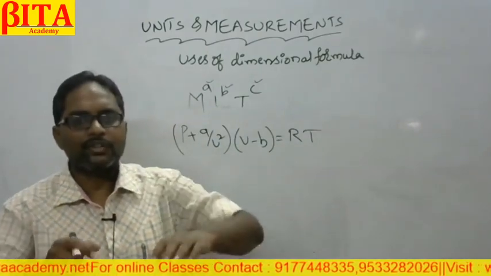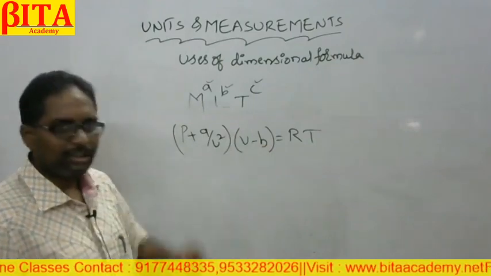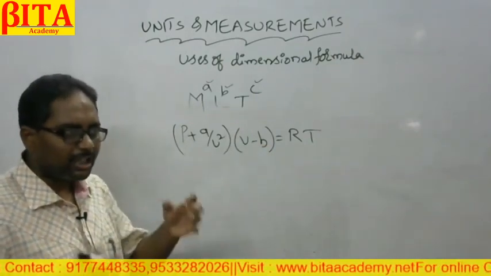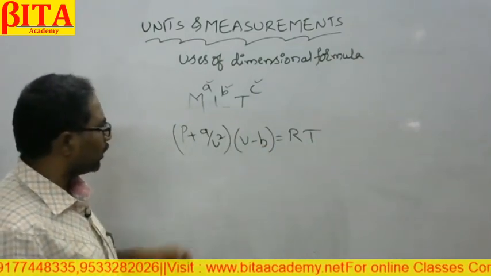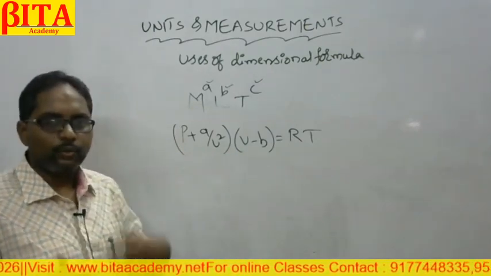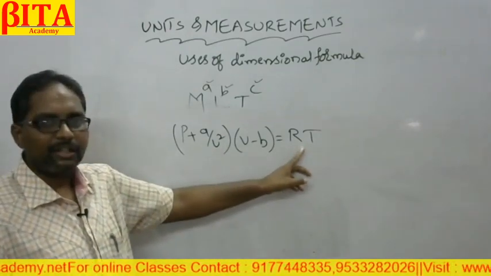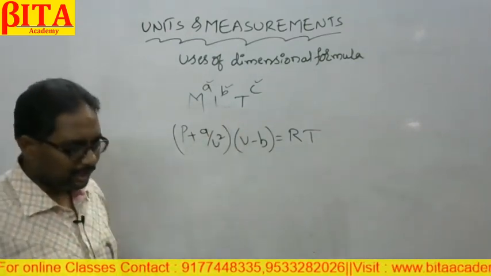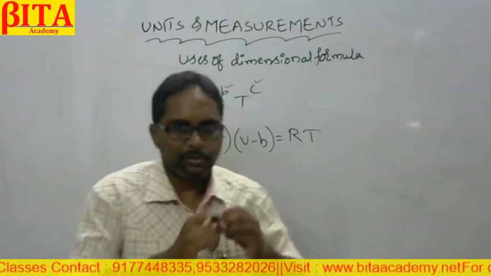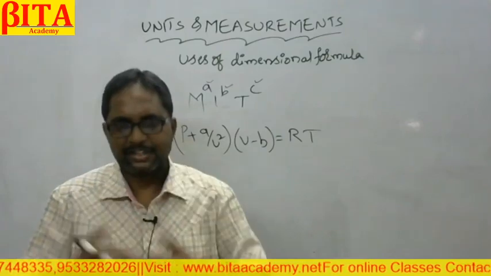Now, how to find the dimensional formula of either A or B? In order to understand, if you multiply these two terms, you will get four terms in this equation and one more right side term, totally five terms. But I am not going to write all five terms, to avoid zigzag.